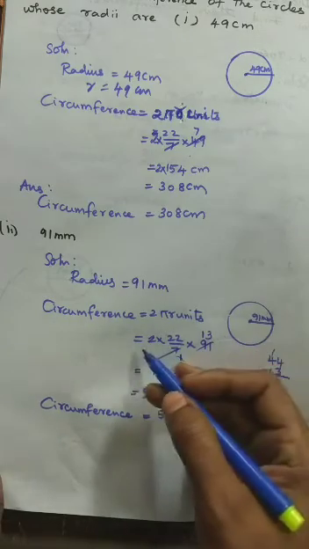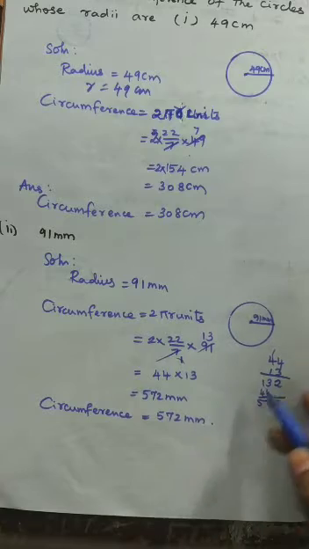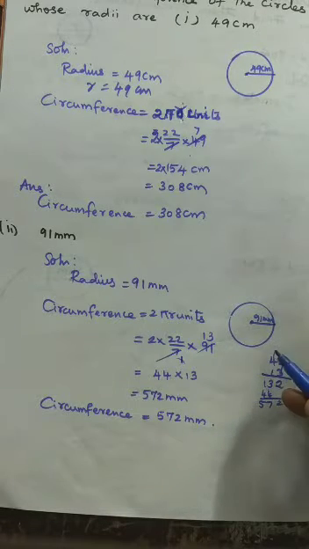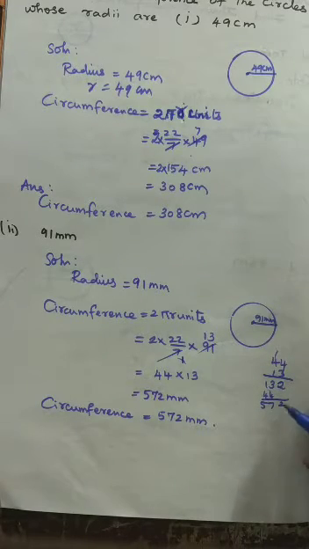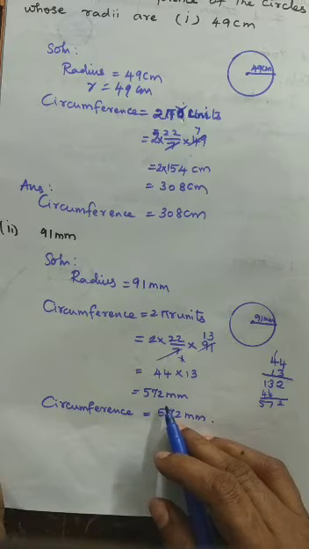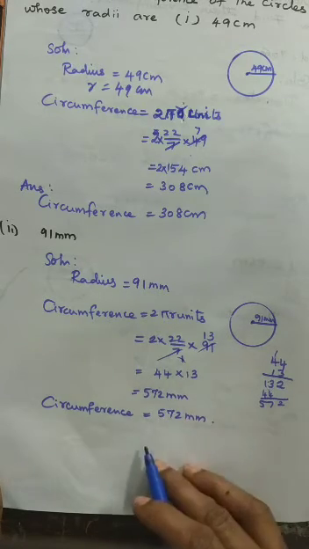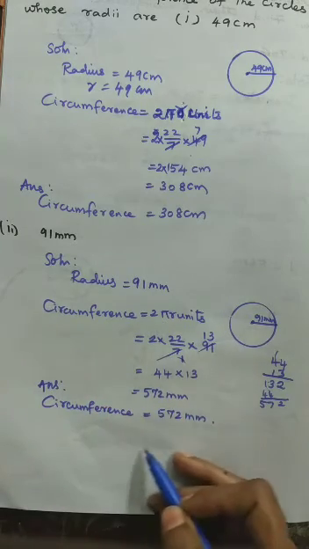So 13. So 2 into 22 is 44 into 13. So 4 threes are 12, remainder 1, 12 plus 1, 13. Then 1 time 4, 4. So here 2, 4 plus 3, 7, and 4 plus 1, 5. So 572 millimeter. Circumference, that is answer. Circumference is equal to 572 millimeter.